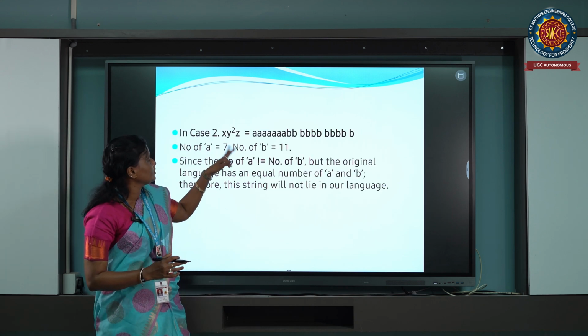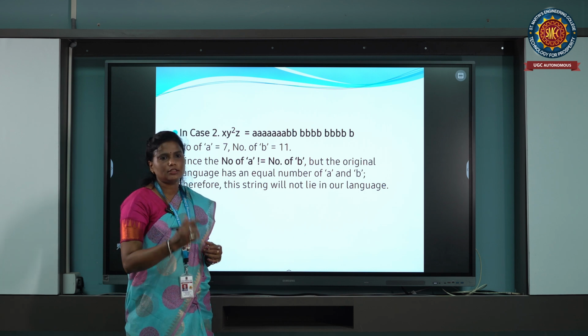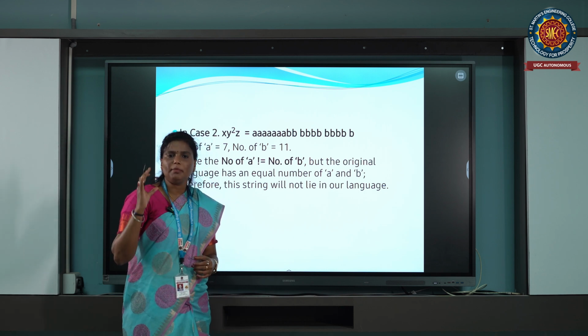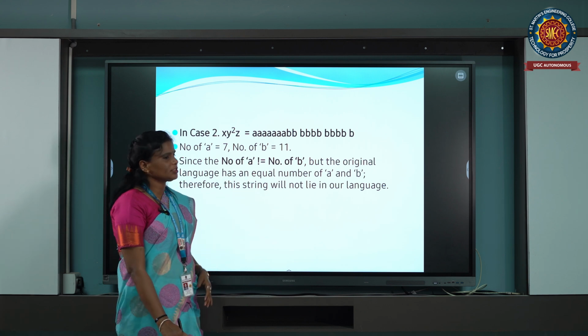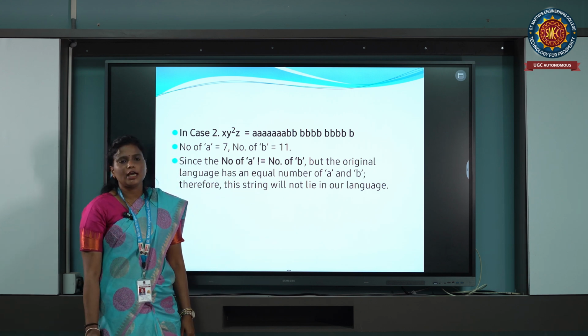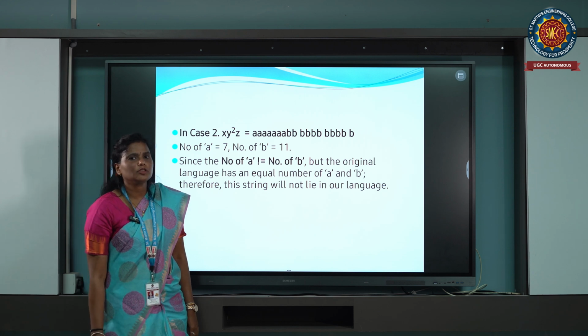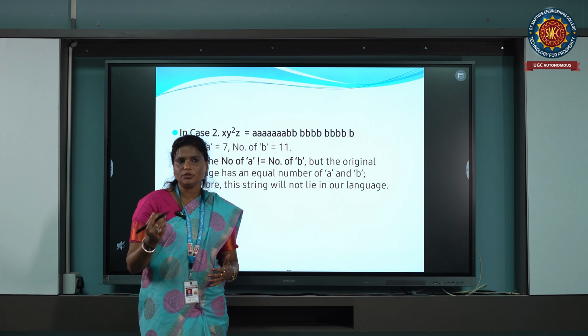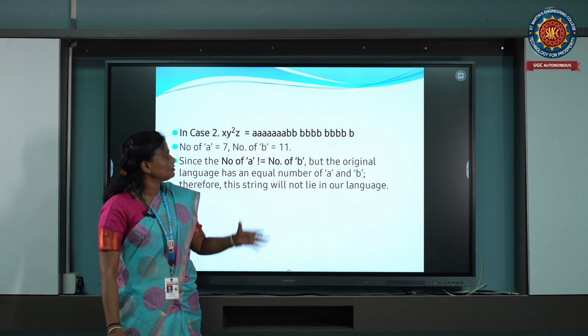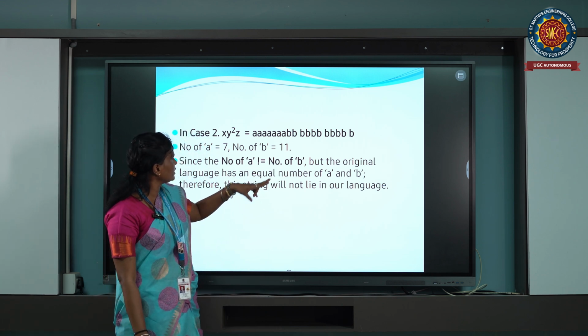Next, case 2. I am taking y as only one symbol, b. We will put in the same formula, x y to the power i z, where i is 2. So y, which is b, becomes 4 b's.